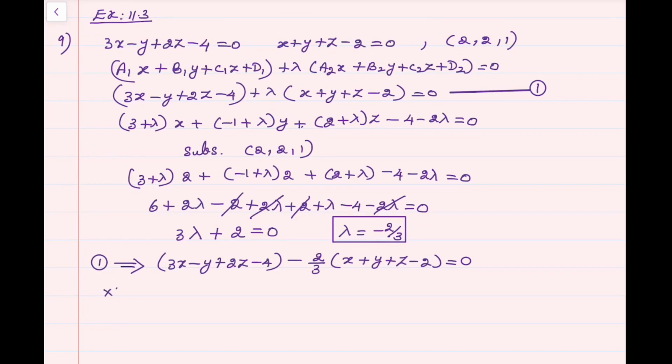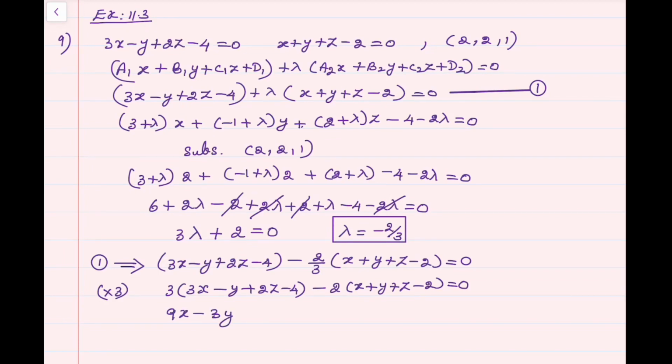Let us multiply the equation by 3. We get 3 times (3x minus y plus 2z minus 4) minus 2 times (x plus y plus z minus 2) is equal to 0. It will be easy for us to solve by substituting in equation 1 than substituting in the next step. Open the brackets.